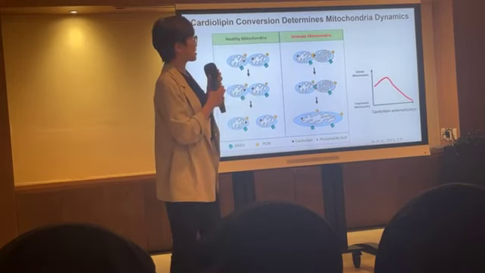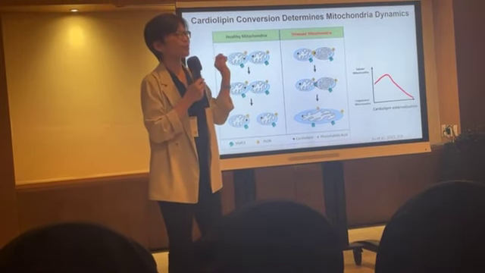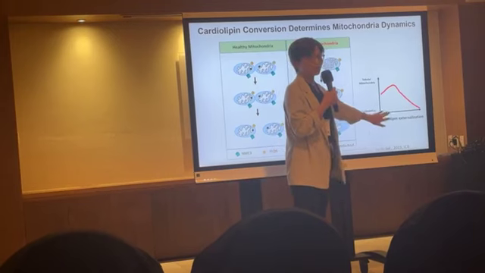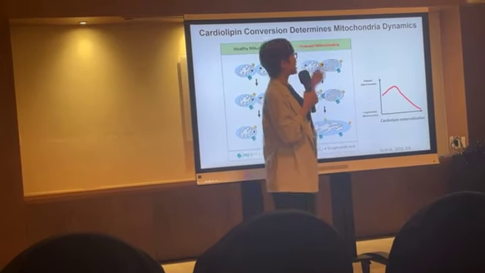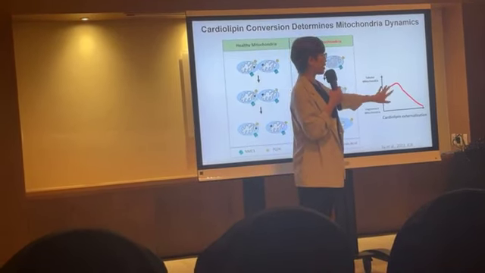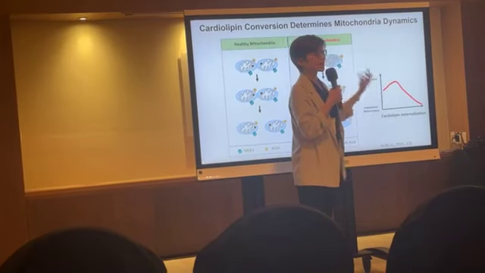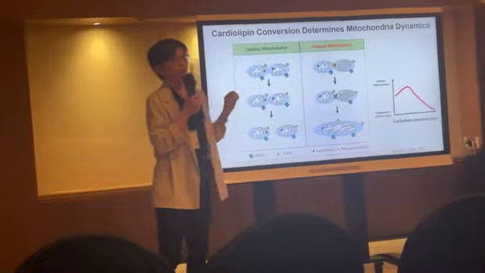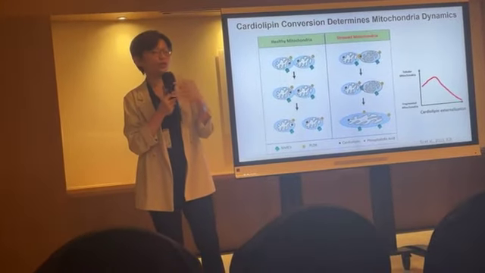And this process is dose-dependent. When there is moderate cardiolipin accumulation, the phospholipase can catalyze the phosphatidic acid formation to promote selective fusion. However, if there is excess cardiolipin accumulation, of course, it will become a detrimental effect.